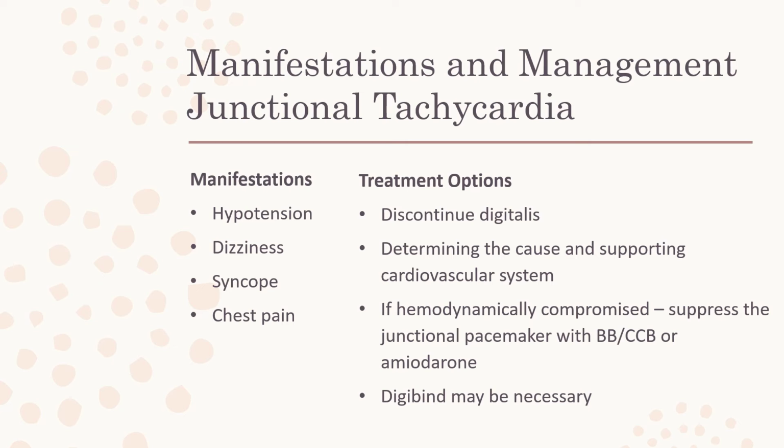Otherwise, we have this rapid rate going on, and we want to slow that down with a beta blocker, a calcium channel blocker, or an amiodarone. And if we're talking about digitalis toxicity, we may end up having to give Digibind, which is an antidote to digitalis toxicity.